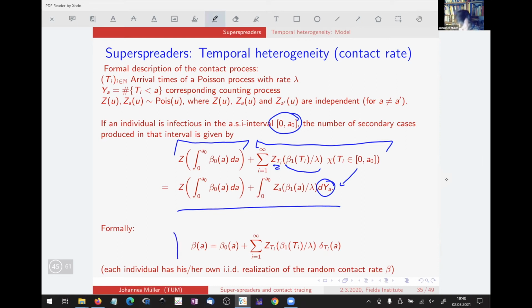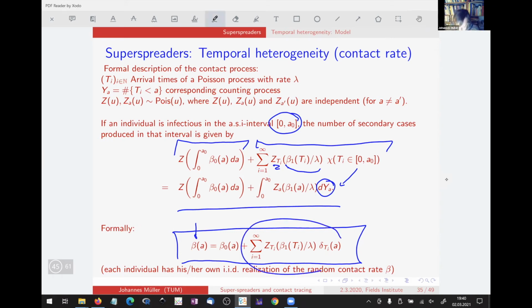But the important thing is that we have something like a random contact rate. So beta of A was before just a deterministic rate that we had in the first part of the talk. Now we have here a random contribution. So beta is a random rate, and each individual draws his or her own realization from this random function. Okay, so that's the idea.